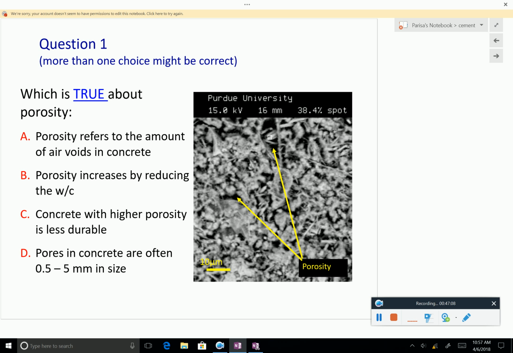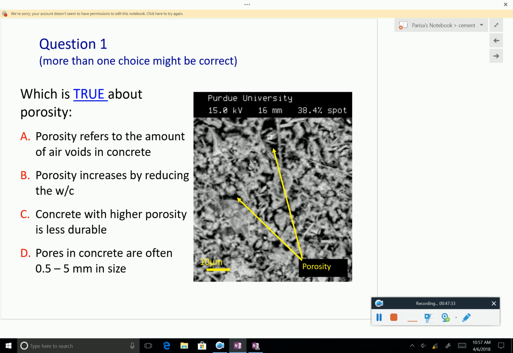So that's kind of the catch. For porosity, we are really looking at the tiny capillary pores. That's something important to remember. And then, if you reduce water to cement ratio, you saw yourself what happens to porosity. It reduces too. So B is obviously wrong.